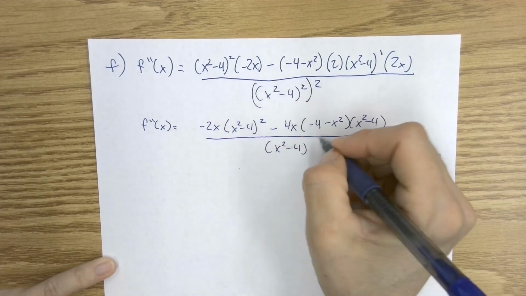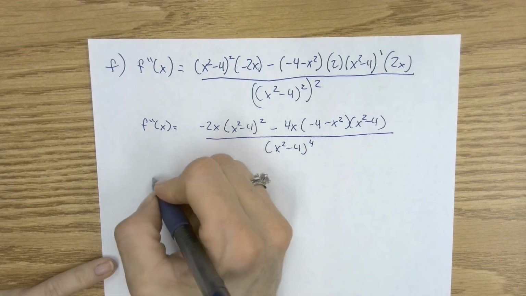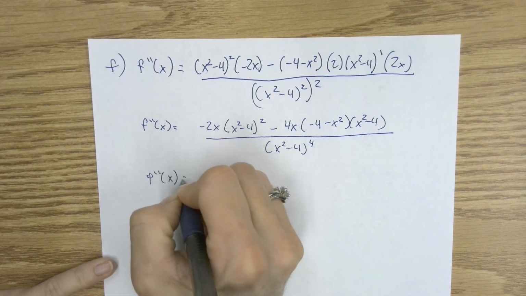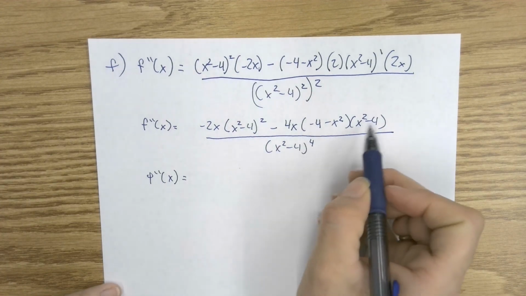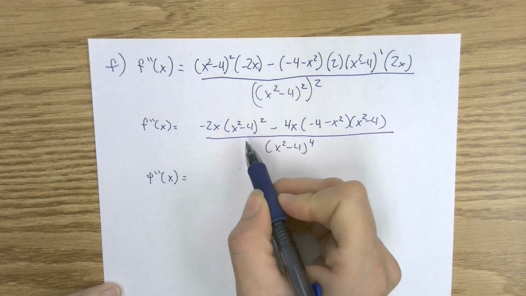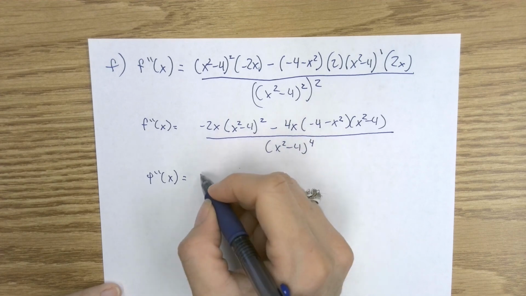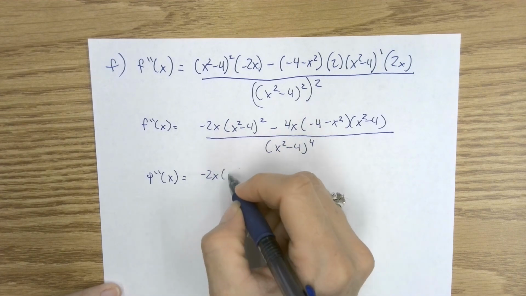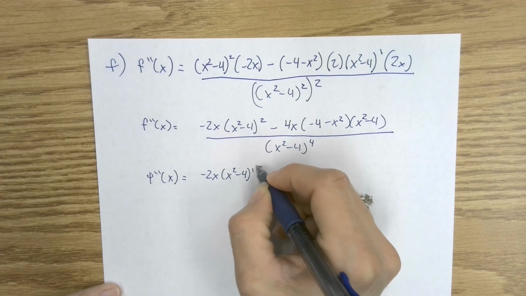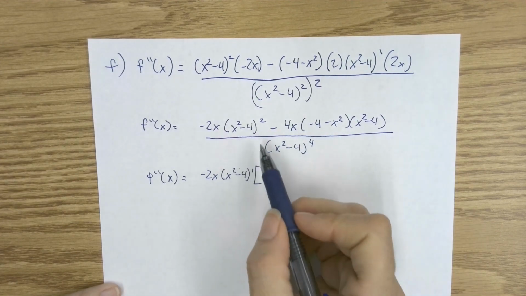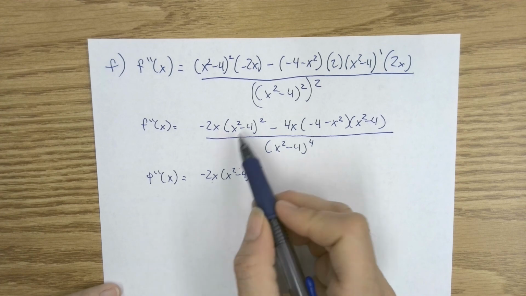On the bottom, we have a power of 4. So now is when I want to factor, because I know I'm going to need to set my numerator equal to 0. So look at your two big terms. What do they both have in common? Well, they both have a negative 2x that I can factor out. They also both have an x squared minus 4 raised to the 1 power. So when I divide, my negative 2x cancels.